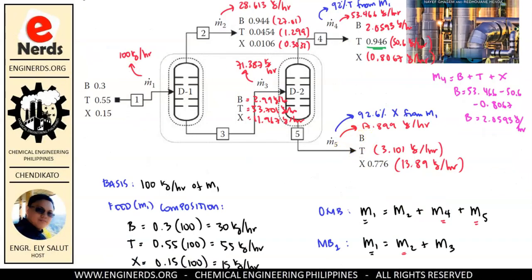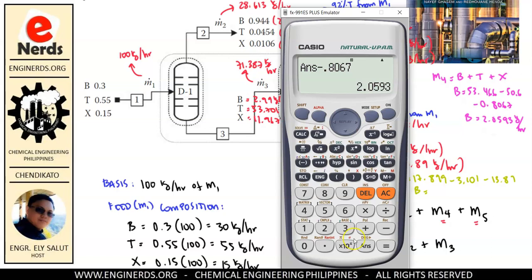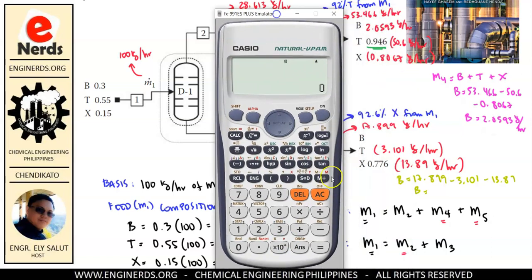Okay, so the same on what we're going to do here. Our benzene here is equal to our M5, which is 17.899 minus our toluene, which is 3.101 minus our xylene, which is 13.89. So our benzene in our M5 will be equal to 17.899 minus 3.101 and minus 13.89.